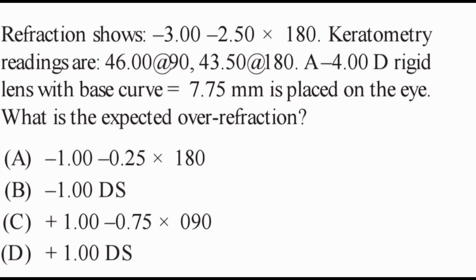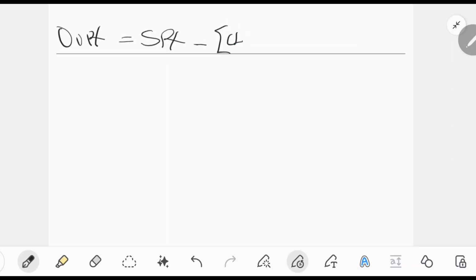The formula that I derived when I was studying can help you so much in your exam. The formula for over refraction: over refraction is equal to the spectacle lens prescription, or the subjective refraction, or the refraction result, minus, in brackets, the contact lens, that's the contact lens on the eye, plus the tear lens.